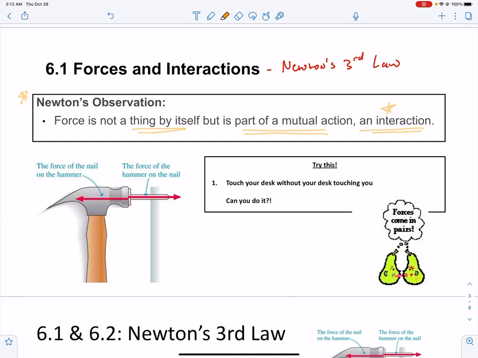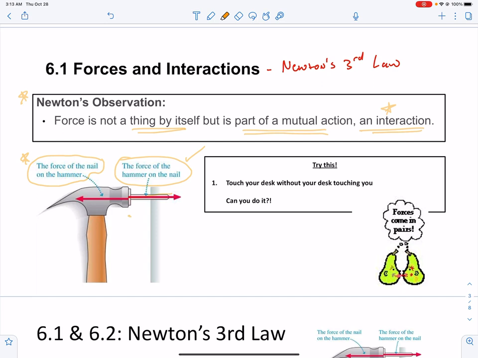Here's an example. If I go ahead and try to hammer a nail into the wall, well, when I actually hit the nail, there's going to be the force of the hammer on the nail itself. That's our objective. But the nail itself is going to resist motion, and there will be a pushback on the hammer from the nail.